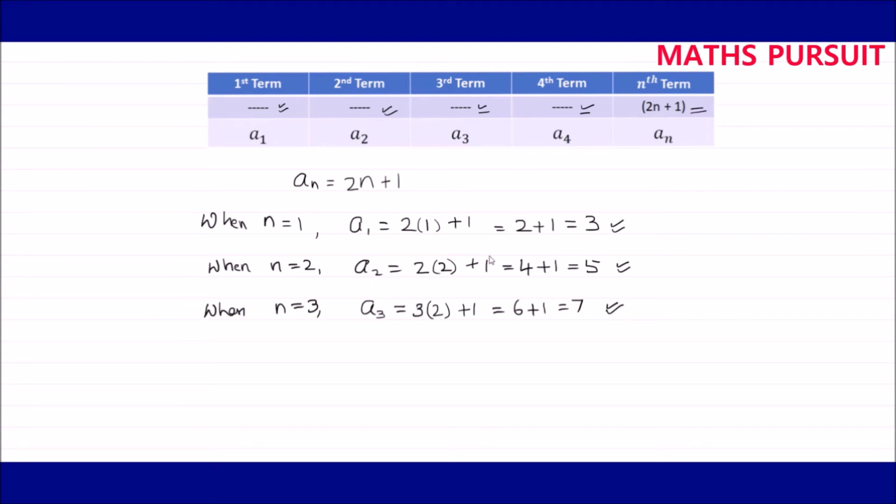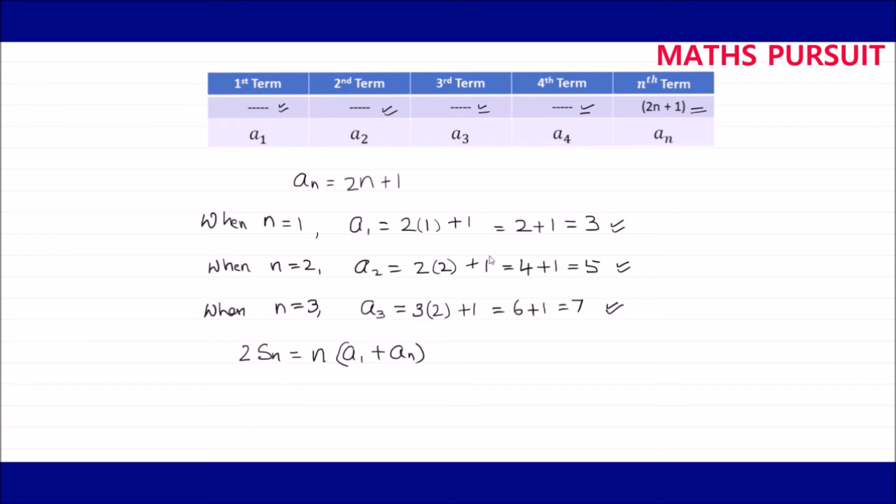As per the question, we need to find the sum of the first n terms. So the sum of the arithmetic progression is given by the formula 2Sn is equal to n into A1 plus An. This is one of the most important formulas for arithmetic progression.